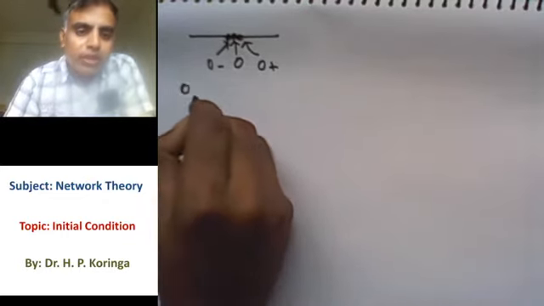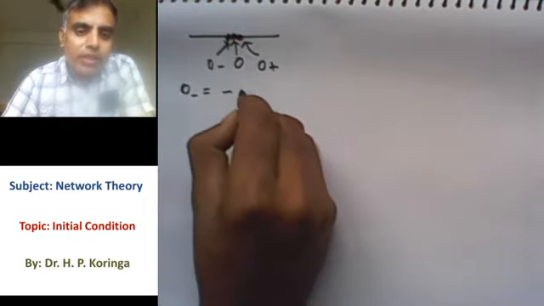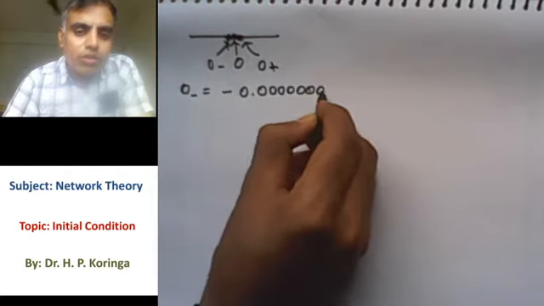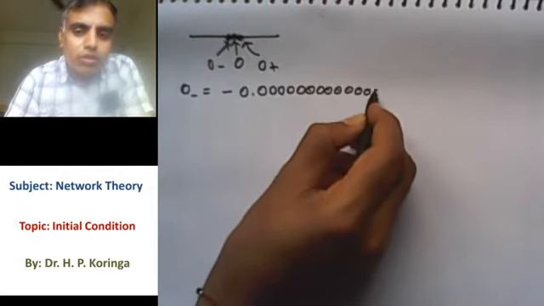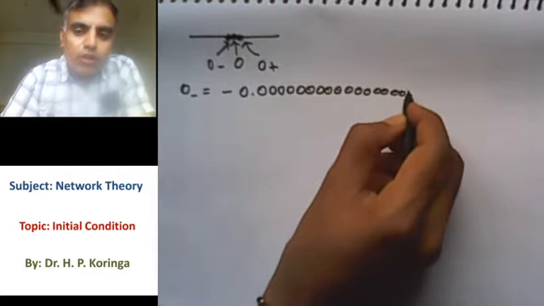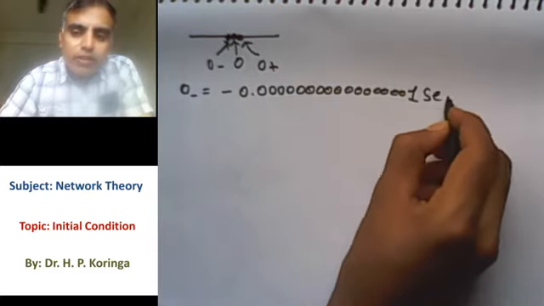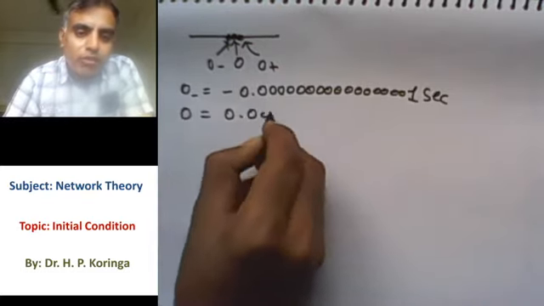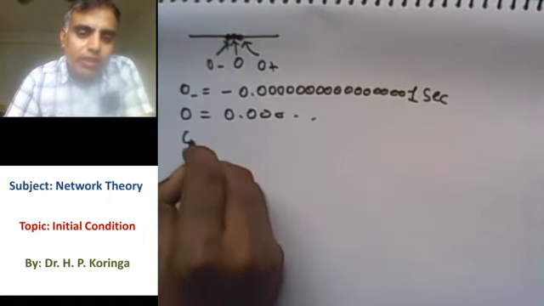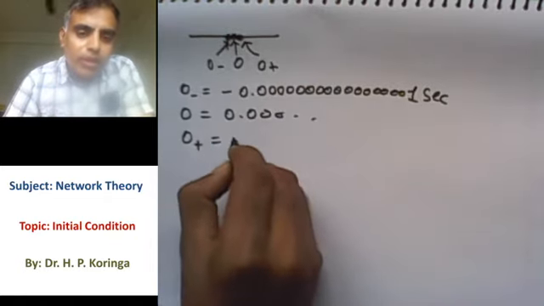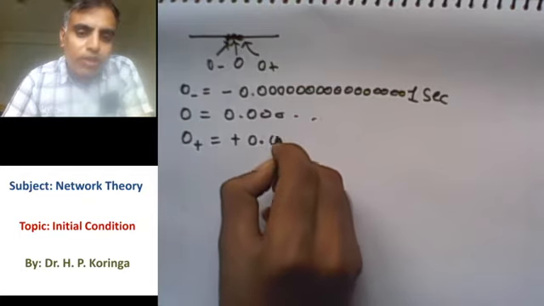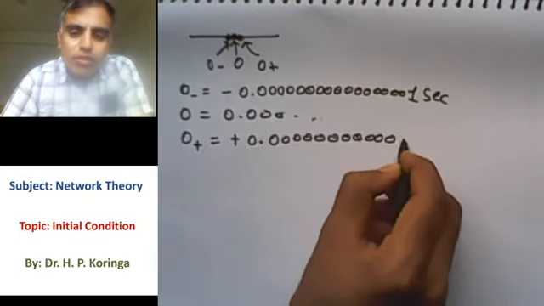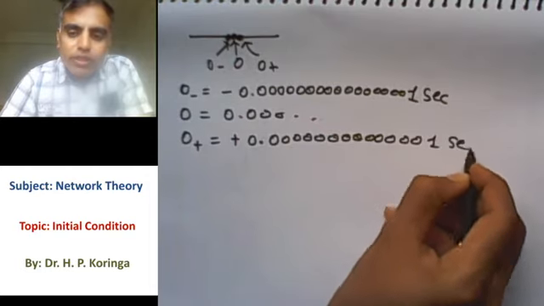0 minus can be written as minus 0.0000000000000000001 second, right? Similarly, 0 time is 0.00000 and 0 plus can be written as plus 0.000000000000001 second.